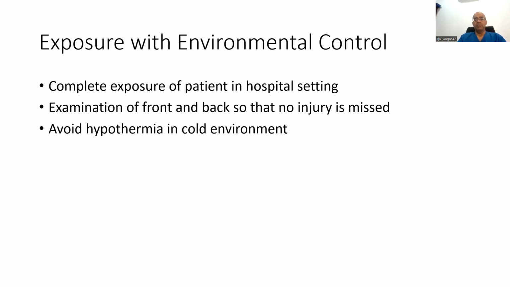With this complete examination, any minor lacerations or bruising or contusions can be dealt with later in the secondary survey. But exposure with environmental control means that if the patient is in any cold environment outside, you should not expose them. You should cover them with a blanket, and you can examine them under the blanket. So exposure has to be done with environmental control.